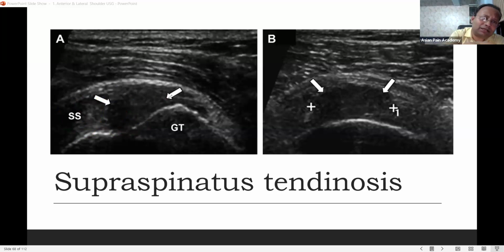We cannot say that it is swollen, but this part can become a bit swollen also. If you compare with the contralateral side, then you will find that swelling is present. And with tendinosis, of course, in some patients you may find subacromial bursitis is also there. So this is again the short axis, and this is the long axis.